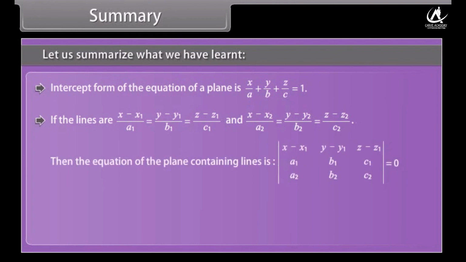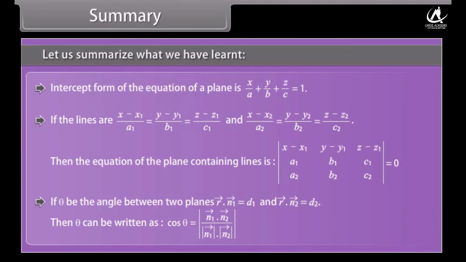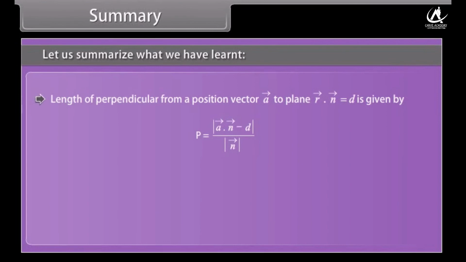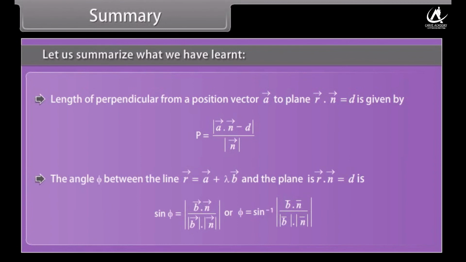The equation of the plane containing two lines is given. If theta is the angle between two planes, then theta can be written by the formula. The length of perpendicular from a position vector A to a plane is given by the formula, and the angle phi between the line and the plane is given by the formula.